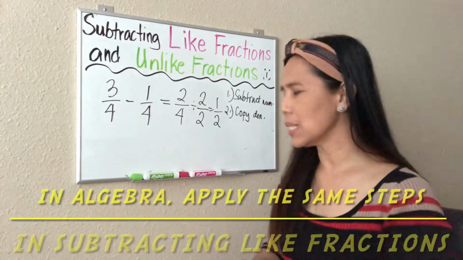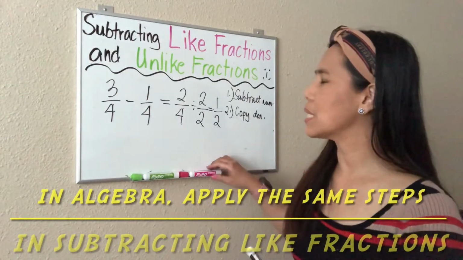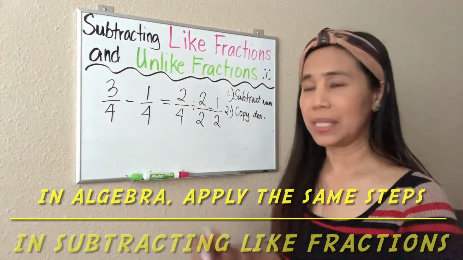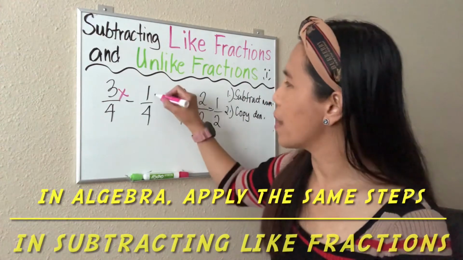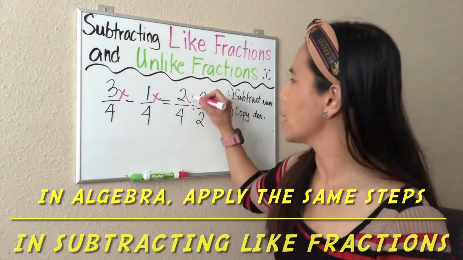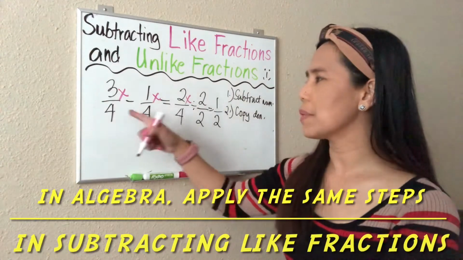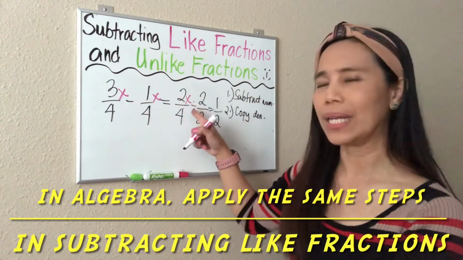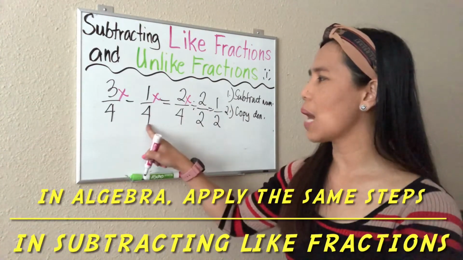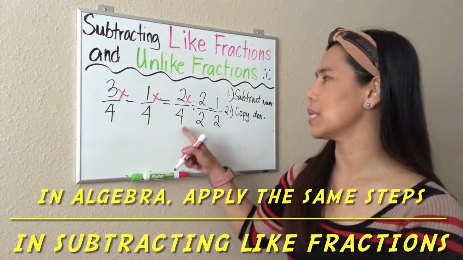However, when it is given algebraically, we can just apply the same principle. In algebra, we usually have a variable, for example x. The same thing, we just subtract the numerators, 3x minus 1x, that will give us 2x. And then we just copy the denominator, which is 4.